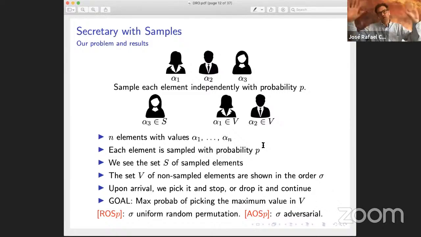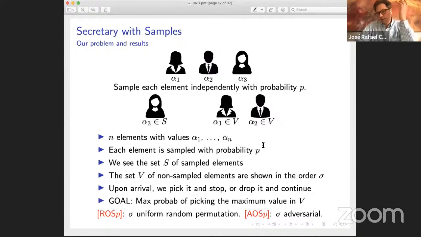So the elements with probability p belong to the sampling set. With probability 1 minus p, they belong to the set of values of non-sample elements, and we get to see the sample set. The order of the set V is random. It's a random permutation of these elements. So the set V of non-sample elements is shown in some order sigma that in principle is going to be random.